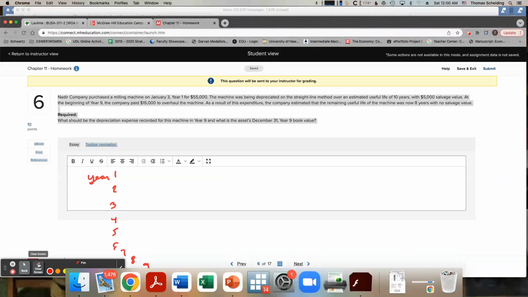Let's do it over here. And then let's look at depreciation expenses, the sum of that depreciation, and then the book value.